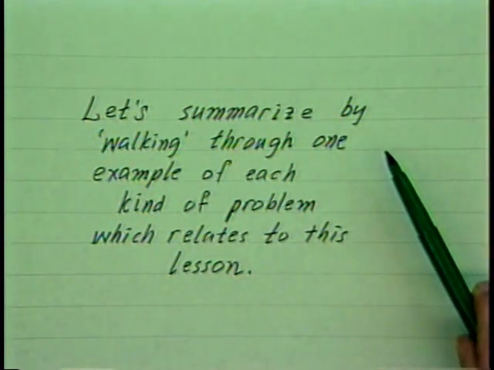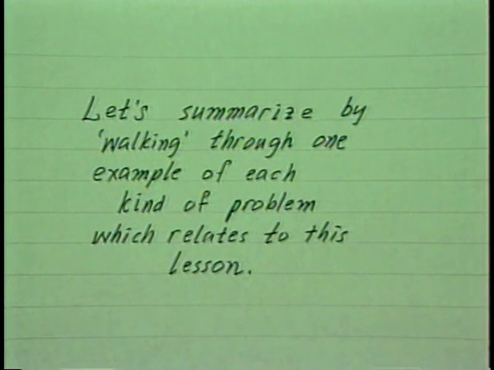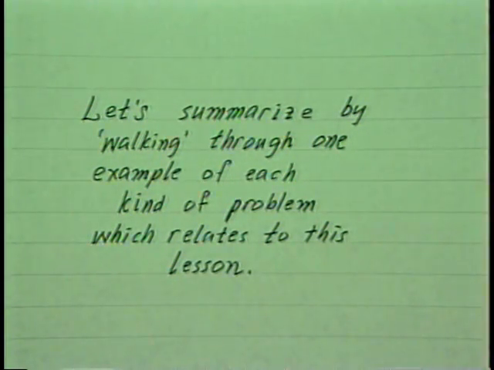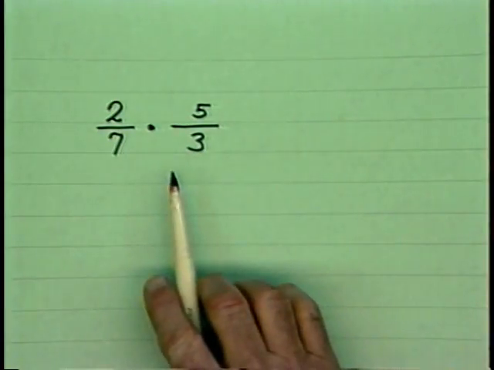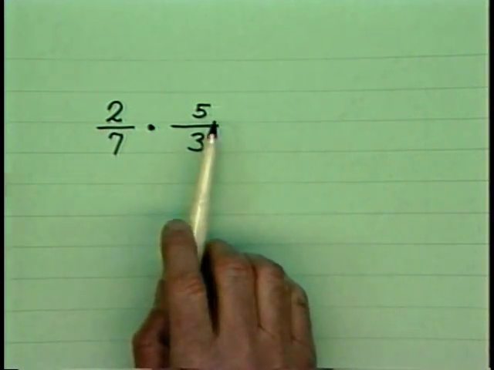Now let's summarize this lesson by walking through one example of each kind of problem which relates to this lesson. And perhaps that way we can not only tie this lesson together with previous lessons, but with vocabulary as well. First, we began a lesson or so ago the simple multiplication of two fractions.